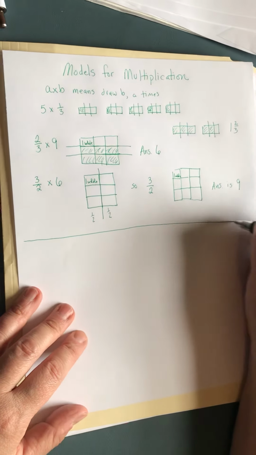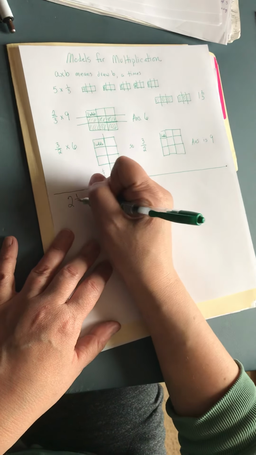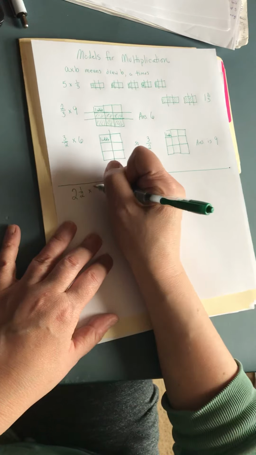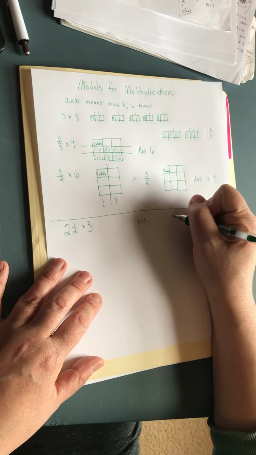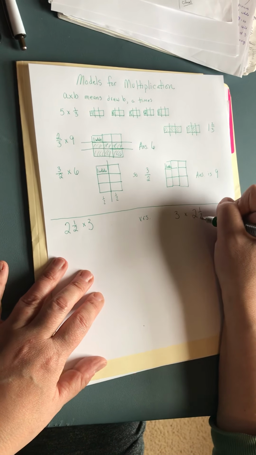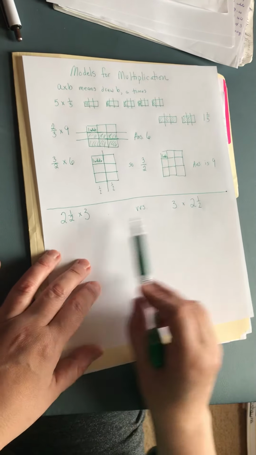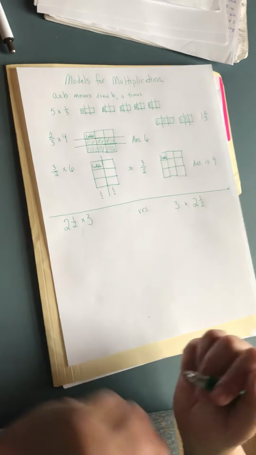Now, let's look at a mixed number: 2.5 times 3 versus 3 times 2.5. These will look different as far as the model, even though we know the final answer is going to be the same.